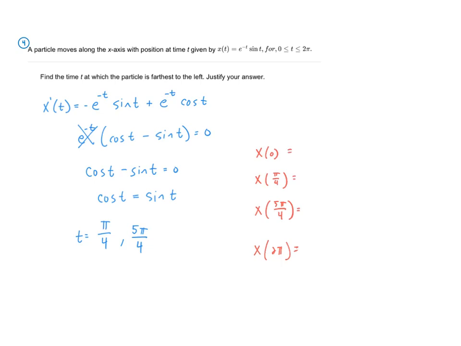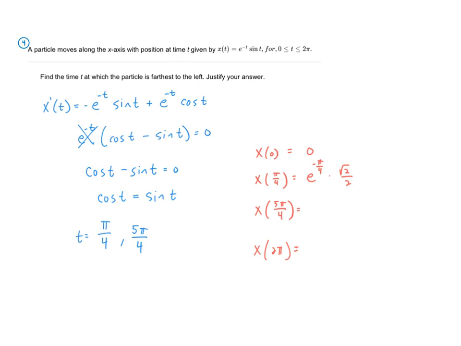Plug in 0, you get 0. Plug in pi over 4, you get e to the negative pi over 4 times sine of pi over 4, which is root 2 over 2. So who knows what that is, but some positive number at least.